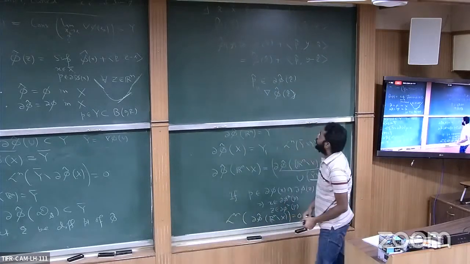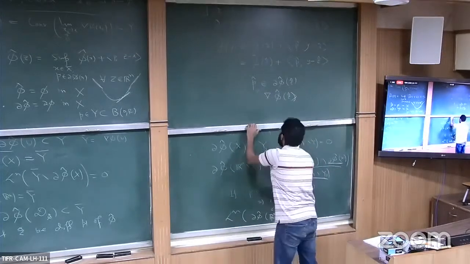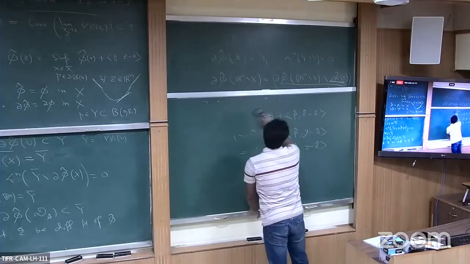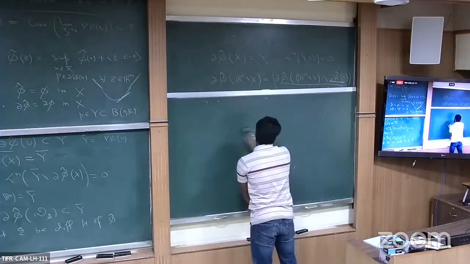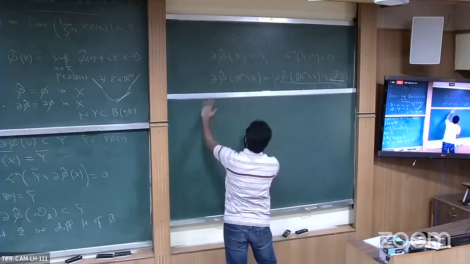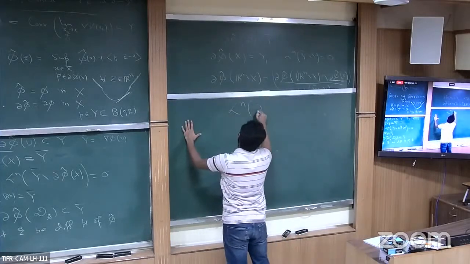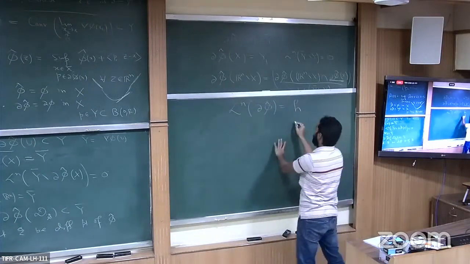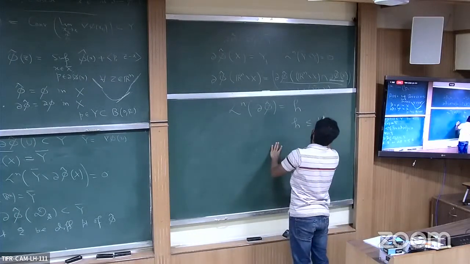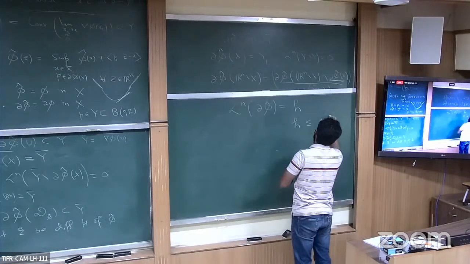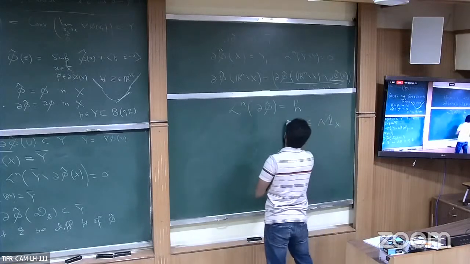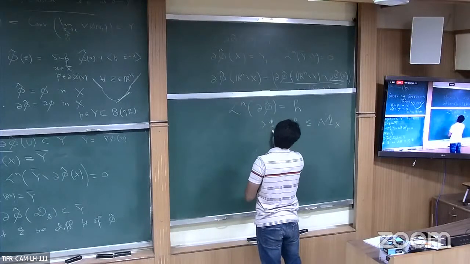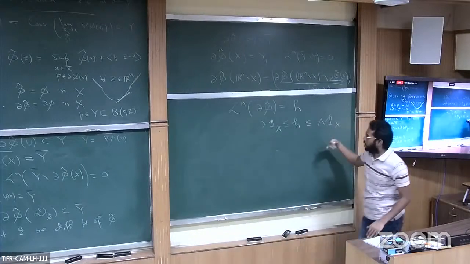So if I combine these two, what we prove is that it satisfies the Monge-Ampere equation in the following sense. Okay, so the Monge-Ampere measure of the subdifferential phi hat is some h, where h is bounded below by some constant on x and bounded above by a constant on x. Okay, and it vanishes outside x.